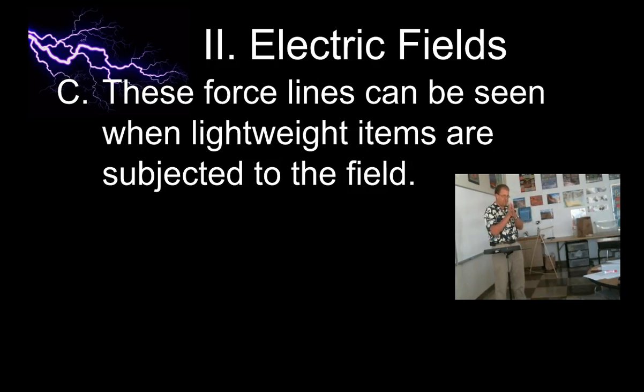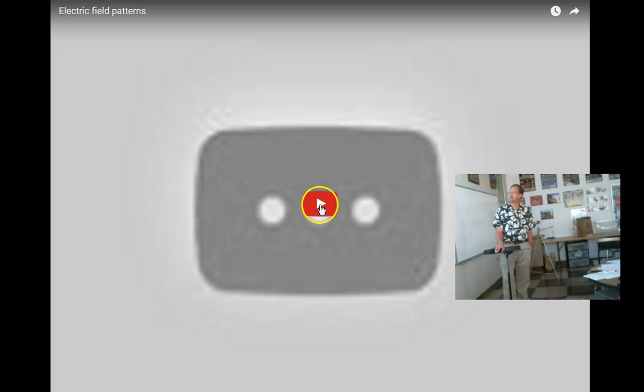And all the powder and things will polarize and line up on the field lines, and you can actually see field lines for real. So I'll show you some pictures of that. These lines were being drawn and studied and used as a model before we discovered that they do actually exist in some way. Okay, so here's a video.